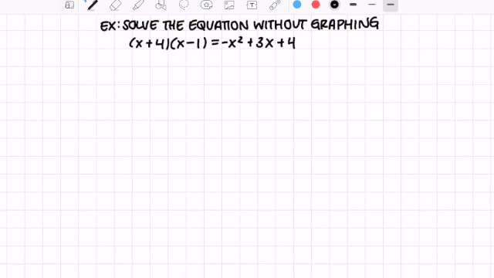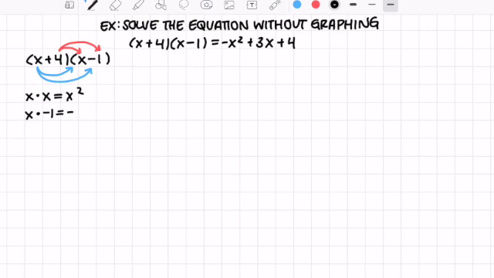We have here x plus 4 and x minus 1. From here, we get x multiplying with x and multiplying with -1. 4 has to multiply with x, and 4 has to multiply with -1. So this becomes x times x, which is x to the power of 2, and then x times -1, that equals -x.